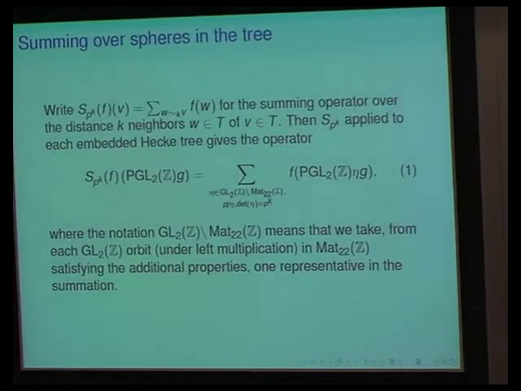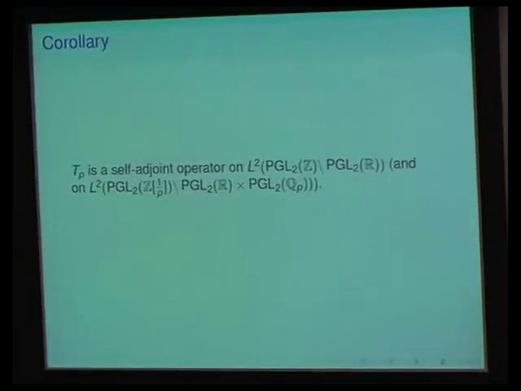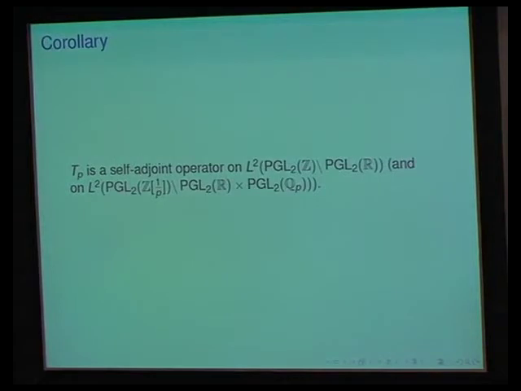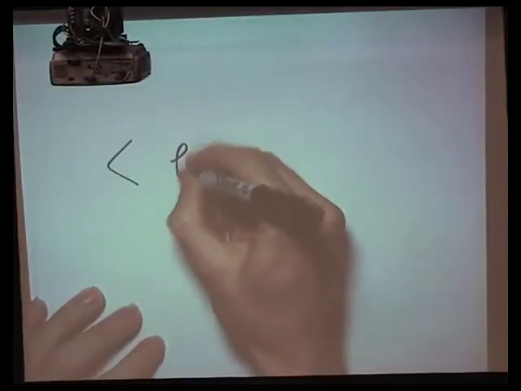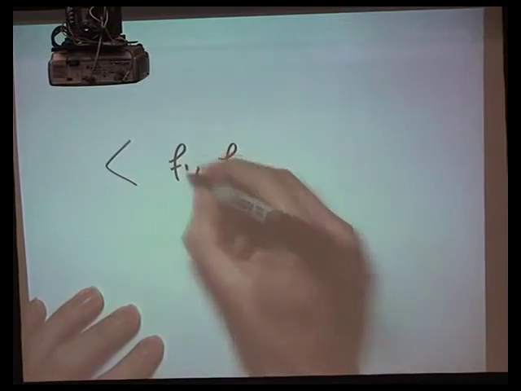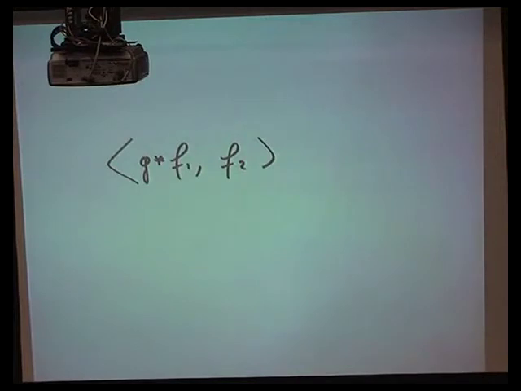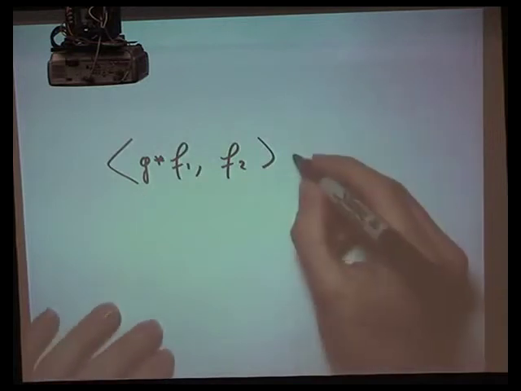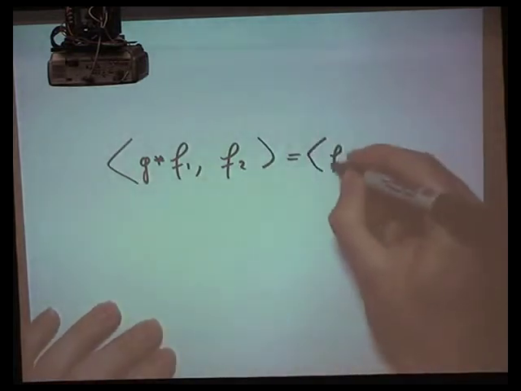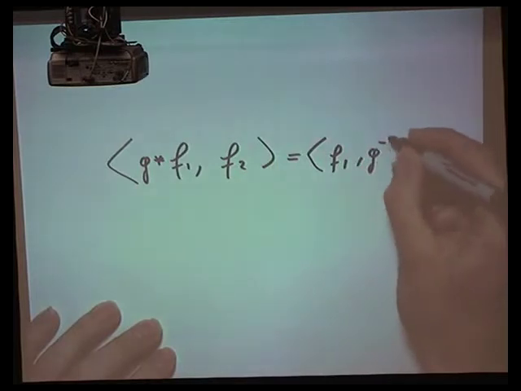And when you have a measure preserving action, and you have a group element acting, then the adjoint of the group action is the action by the inverse.